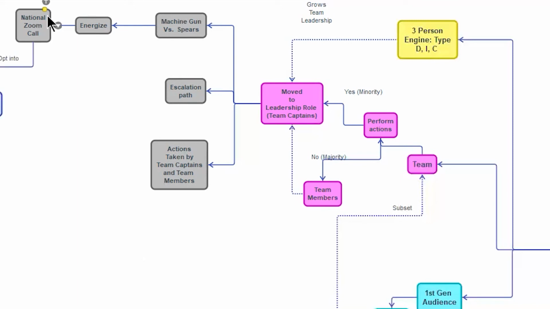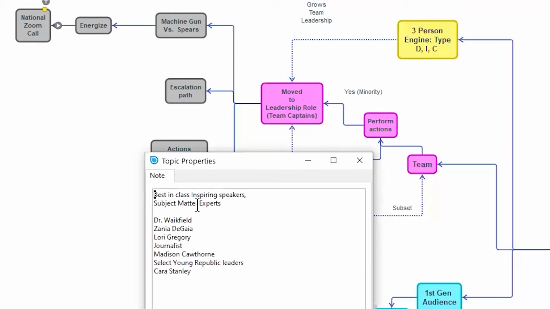In these national Zoom calls, we have subject matter experts, best in the world in what they are talking about. These best in class experts educate, inspire, and motivate the team, the groups. Because we're using a technology like Zoom, everyone can participate from wherever they are throughout the world.